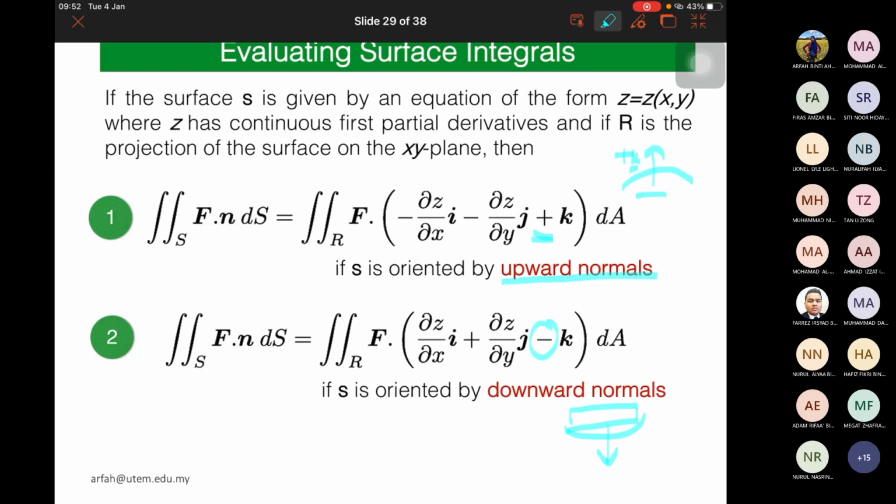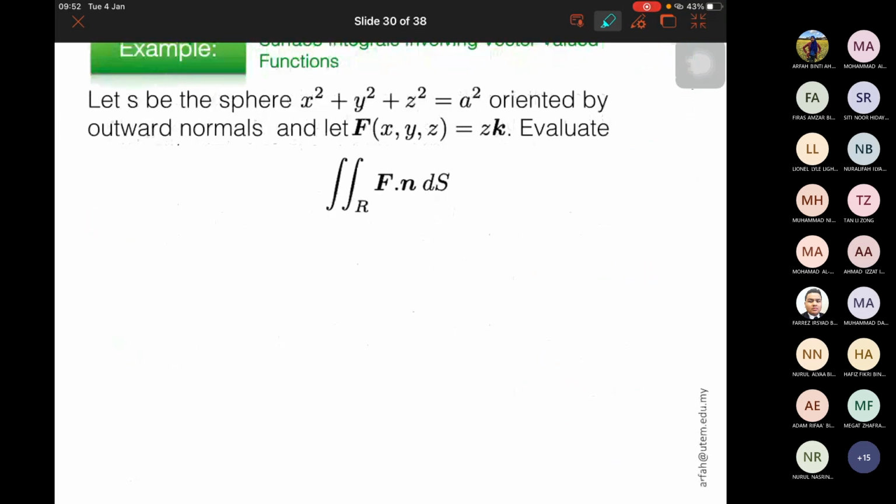So in this case, we will take a look into this example. Okay, let S be the sphere of x squared plus y squared plus z squared equal to a squared, and it is oriented by outward unit normal, outward keluar. Okay, and let F be a vector function equal to zk.